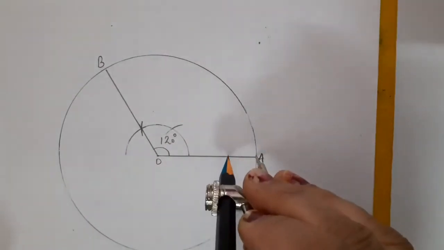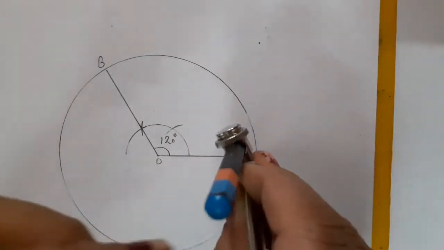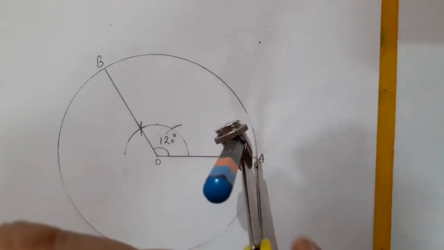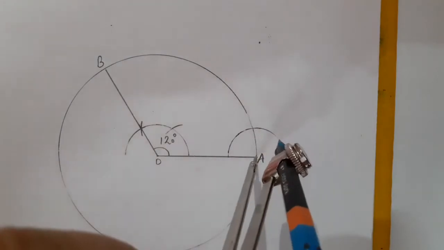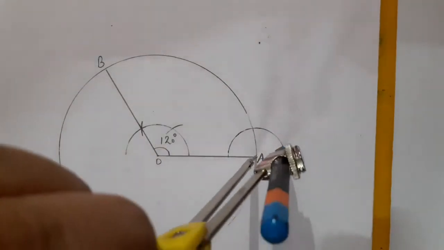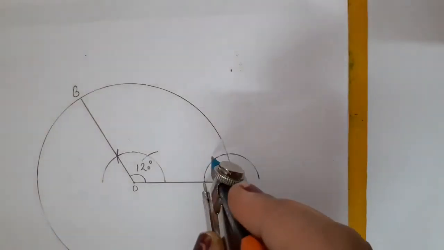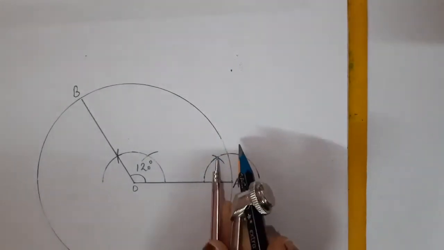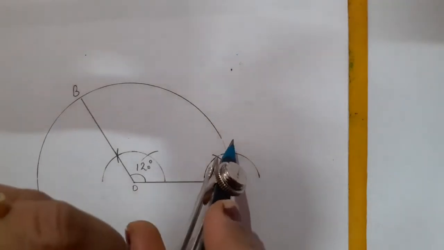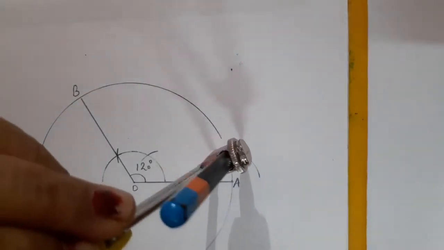So let us start. First of all, draw an arc of any suitable radius of your choice. Okay, at point A. Now draw the first arc of 60 degree and another arc will be of 120 degree.